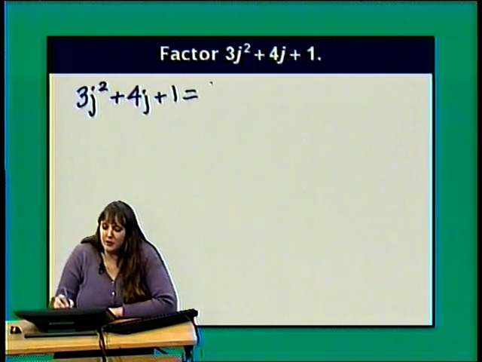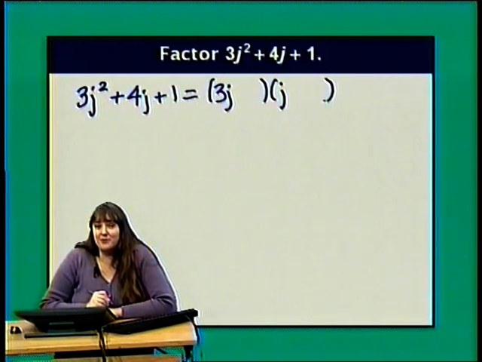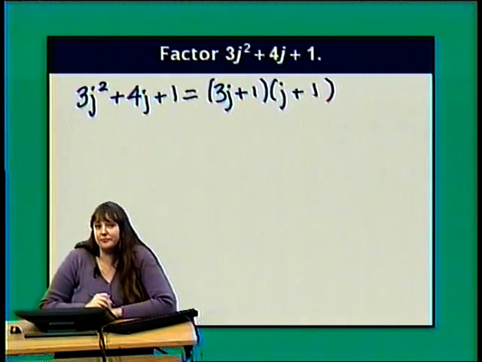So for the first terms in my binomial, 3j and j, I want a positive 1 at the end. I want a positive 4 in the middle. Everything's positive, so let's put in plus 1, plus 1. And let's make sure that this being our only choice does work.